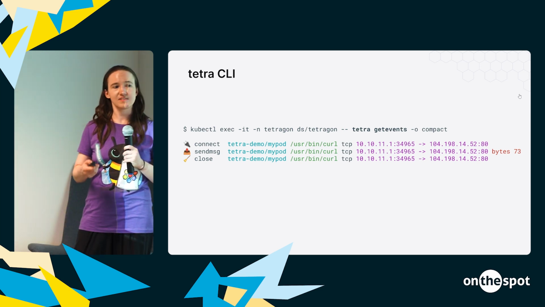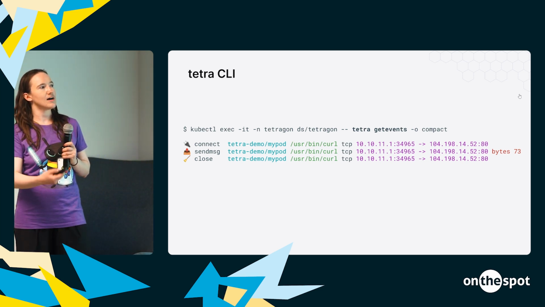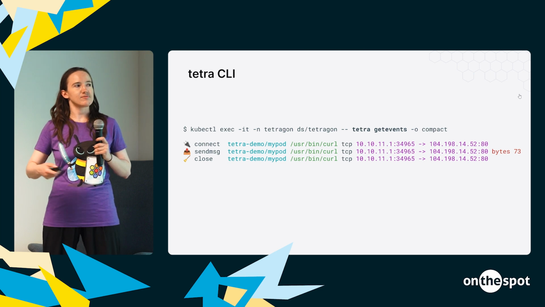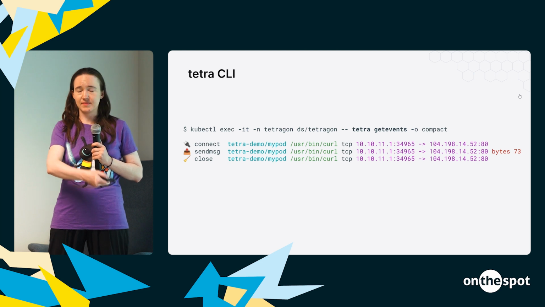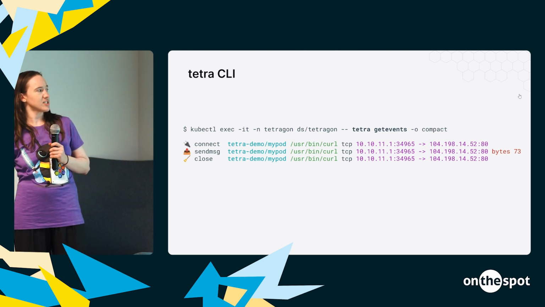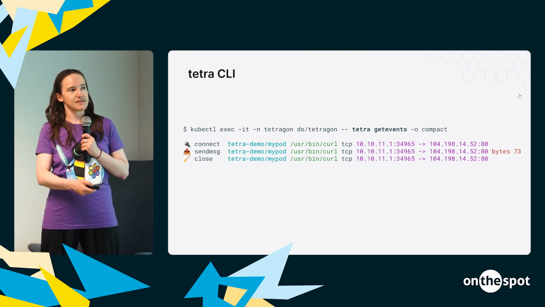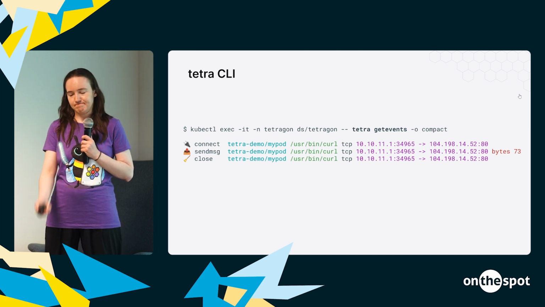Tetragon comes with the Tetra CLI, which you can use to query events. You run inside the Tetragon agent, you run tetra get events, and you get, for example, these events for the TCP policy I showed earlier. We see the TCP connection opened, a TCP message sent with bytes count, and TCP closed. This is it.